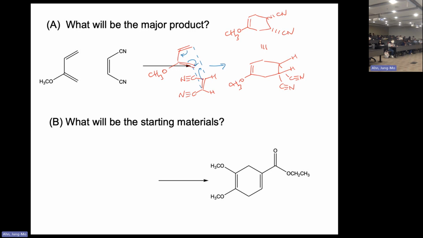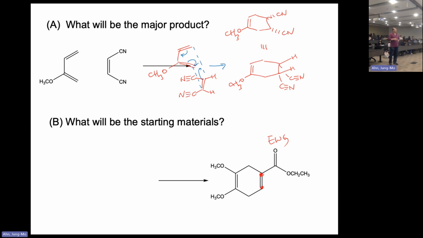I remember that it's a diene with 4 carbons and a dienophile with 2 carbons. The dienophile typically carries electron withdrawing groups. So the 2 carbon dienophile probably should have this electron withdrawing group.